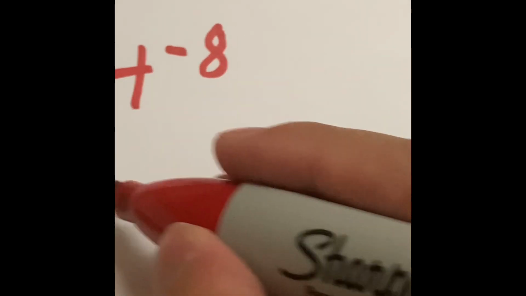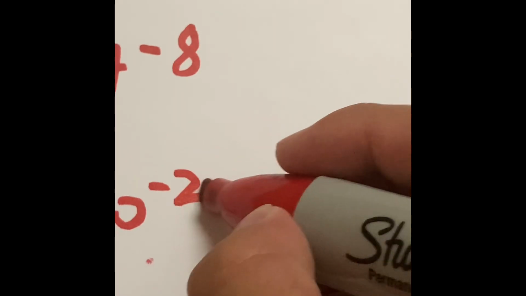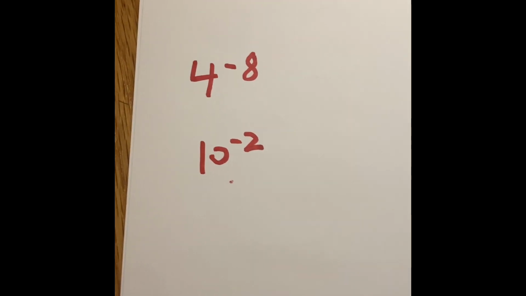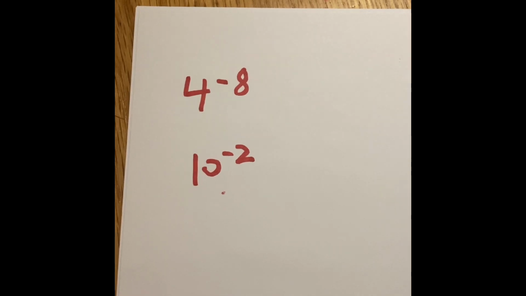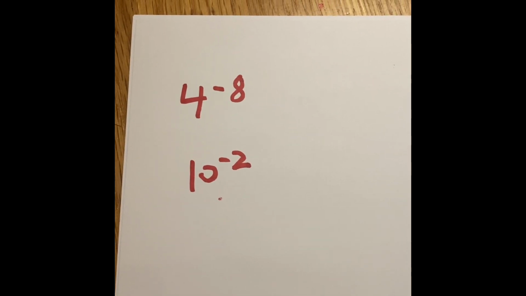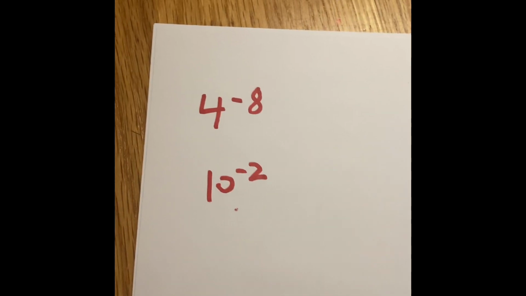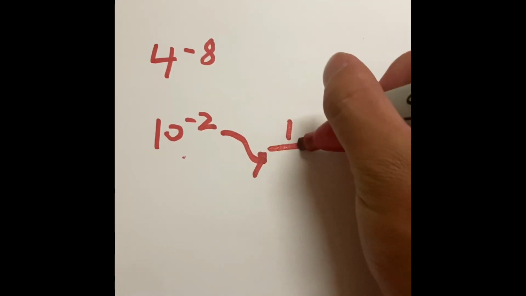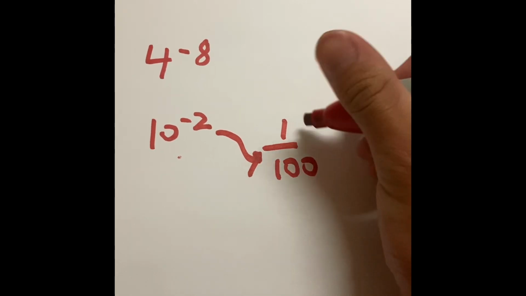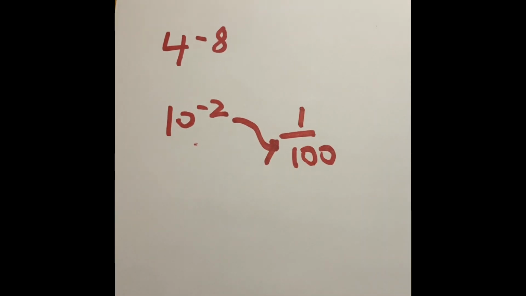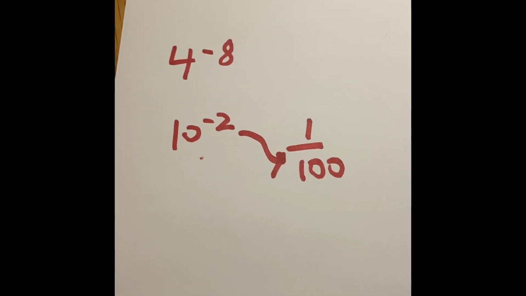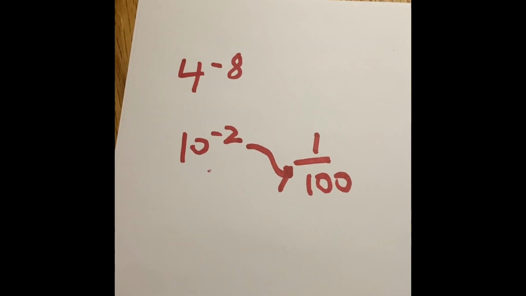Let's use an exponent of 10 to the negative 2nd power and see what happens. What if I told you that when you have a negative exponent, you're not actually going to get a negative number? Instead, if I move that to the bottom, it will give me a tiny fraction of 1 to 100. When you have a negative exponent, it will never actually become a negative number. It will become a little fraction.